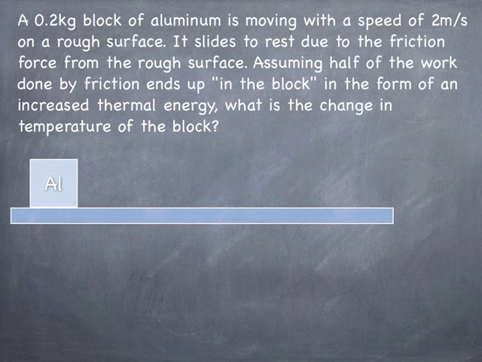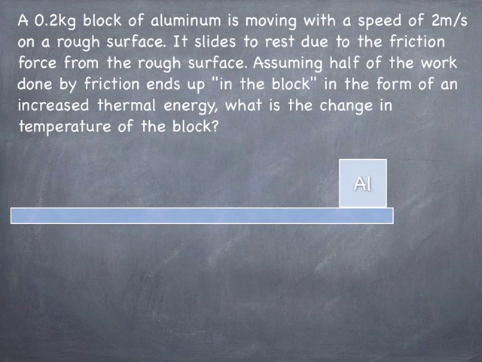So here was one of the warm-up problems that we had today, and people were so confused by it that I thought it would be worth actually working through it step by step. The idea is you have a block of aluminum that slides to rest on a rough surface, and we want to compute the increase in temperature of the block of aluminum.